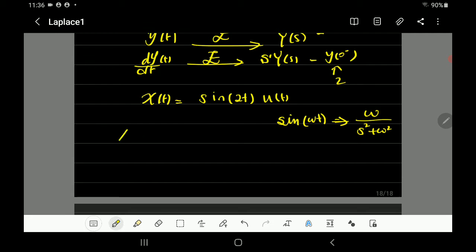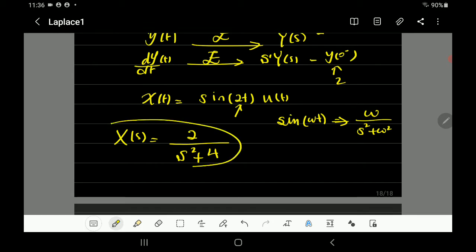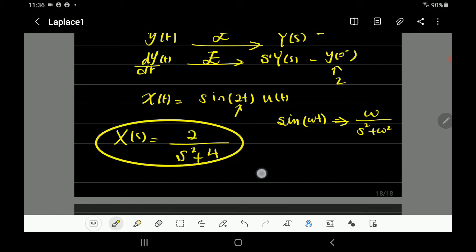So accordingly, X(s) will be equal to, with omega equal to 2, 2 over s squared plus 2 squared, which is 4. So that will be X(s).